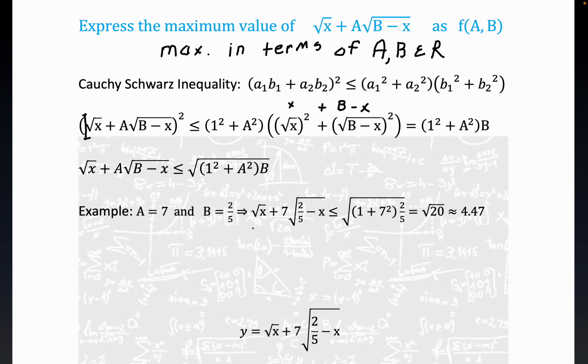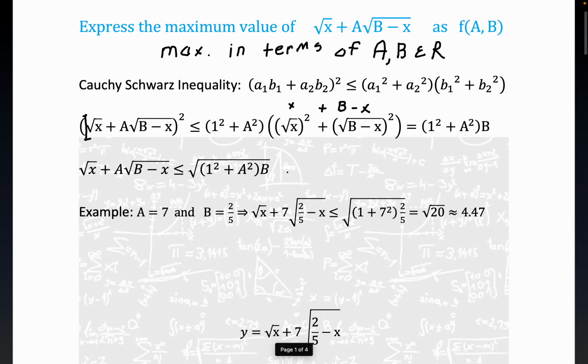And so, as far as what we set out to do, we've completed it. This is some function of A and B. The maximum value, and it's not surprising this is true, is a function of the two parameters that were present in the original problem.